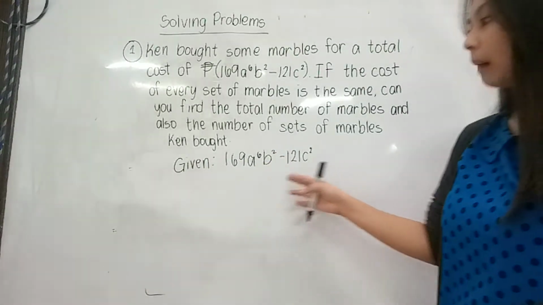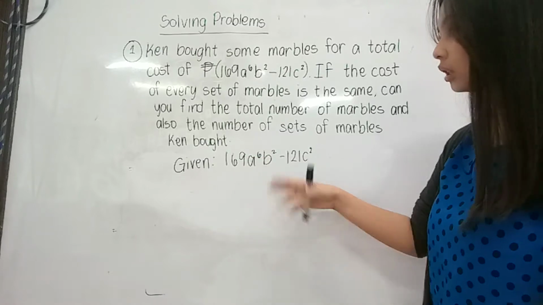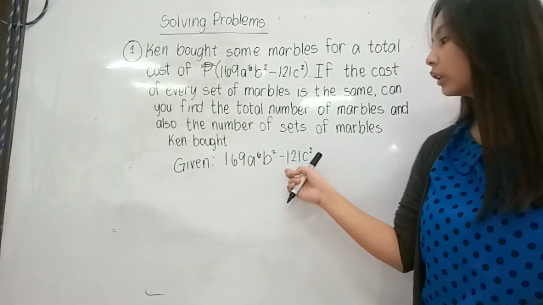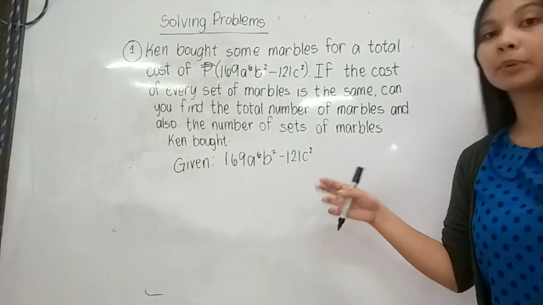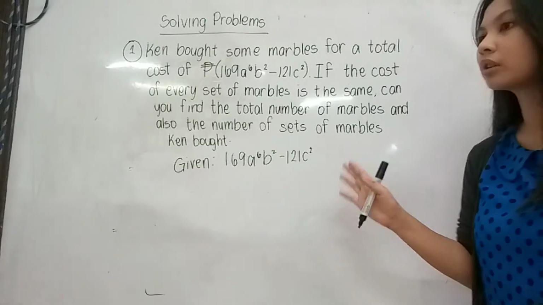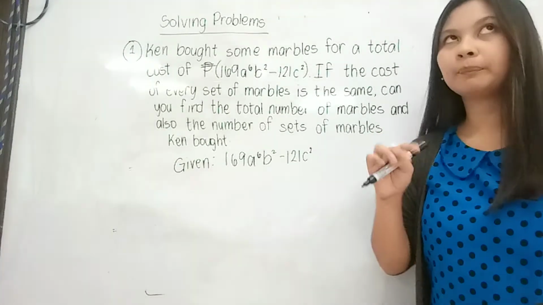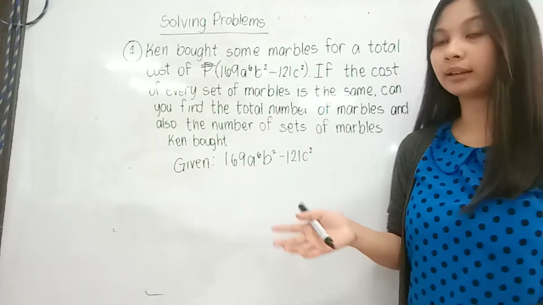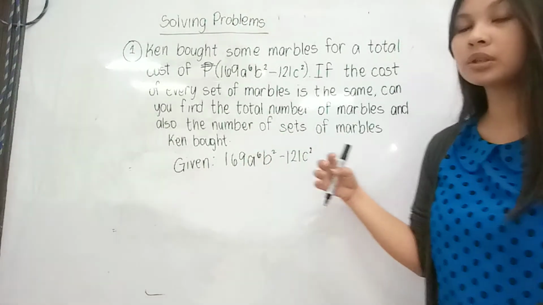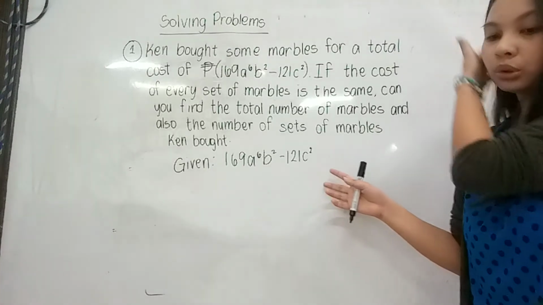Bakit siya din yung gagamitin ko kasi hindi si cube? Kasi po, kung mapapansin nyo, si 169 and then si 121 is also a perfect square. Di ba si factorizing perfect square and difference of two squares is almost connected sila lagi. So, ifa-factorize lang natin sila using the difference of two squares po.